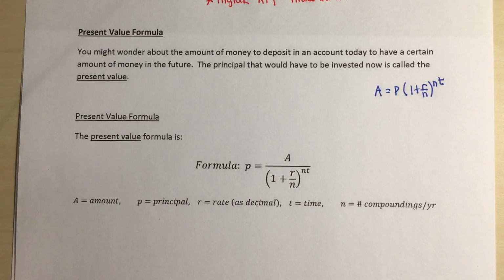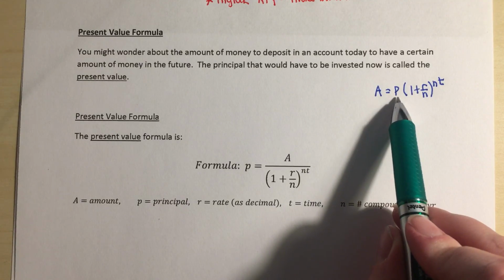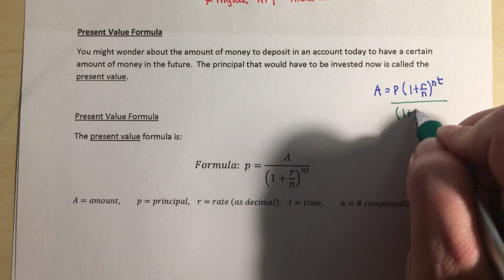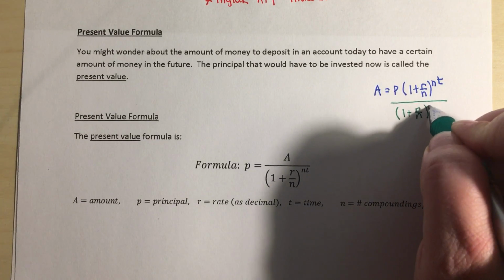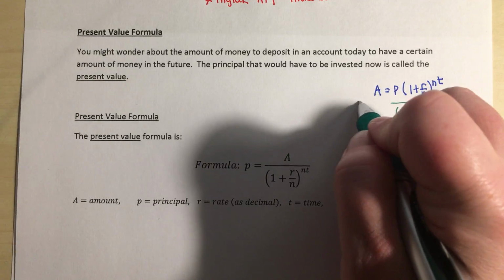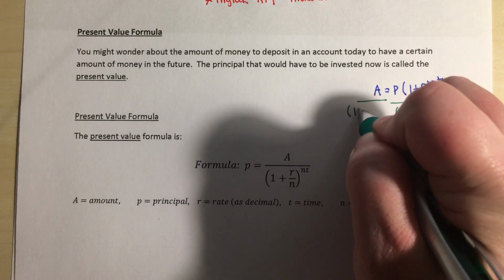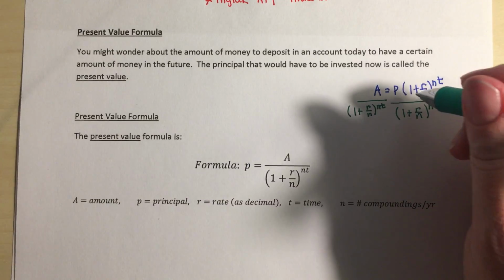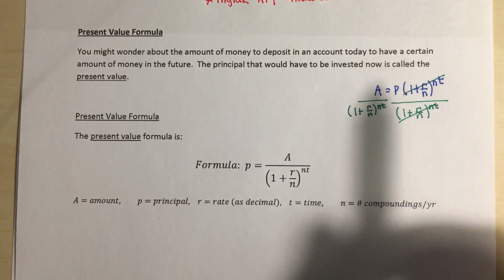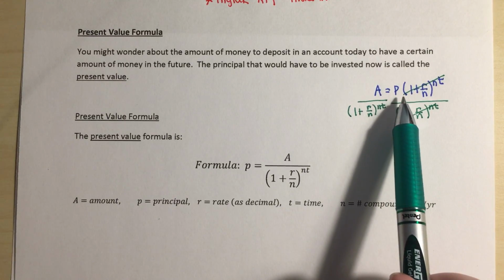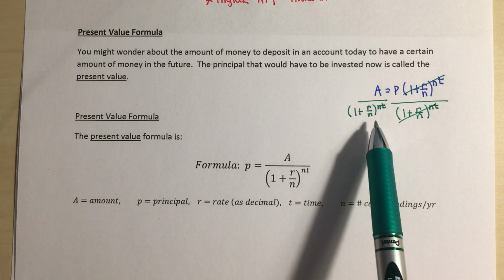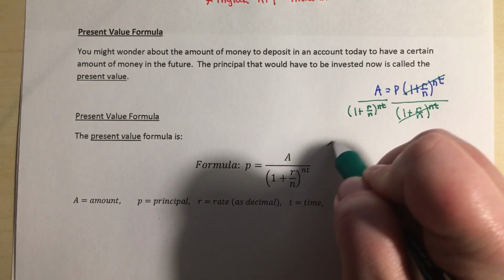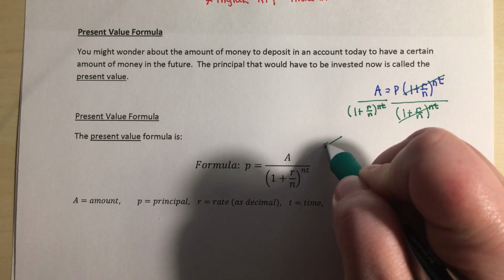If I want this P all by itself, I have to divide by this entire thing in parentheses and the exponents that go with it. Whatever we do to one side, we have to do the same thing to the other side. So everything on this side cancels out, and we're left with P all by itself, and then A divided by the rest of the parts from our compound interest formula. That's exactly where this formula comes from.